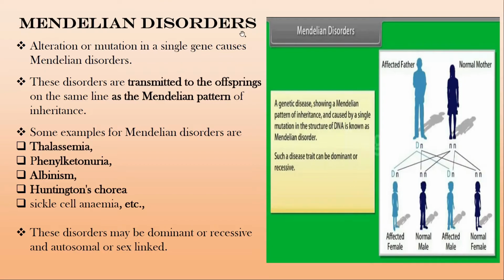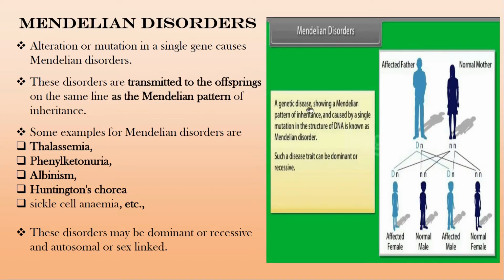So Mendelian disorder, here you can see the diagrammatic representation. Affected father, normal mother. So they have the chromosomes Dn, and here nn, normal. D is for affected. So they may produce affected female, normal male, affected male, and normal female.